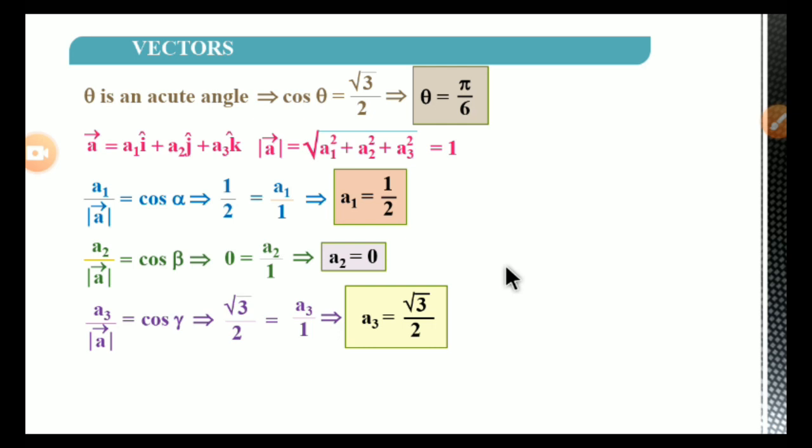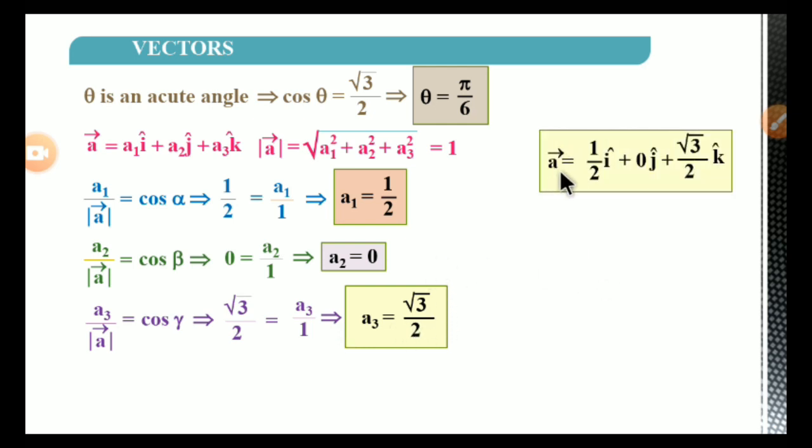Therefore, we have A3 is equal to root 3 by 2. Therefore, A vector can be written as 1 by 2 i plus 0 j plus root 3 by 2 k. So, these three are the components of the vector A. Therefore, the components are 1 by 2, 0 and root 3 by 2.